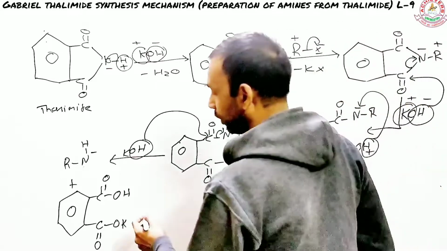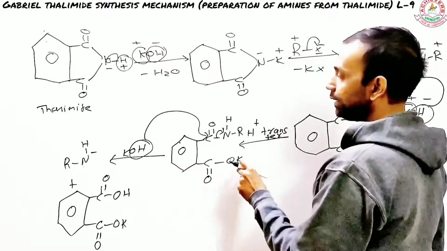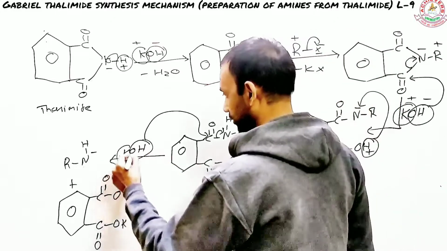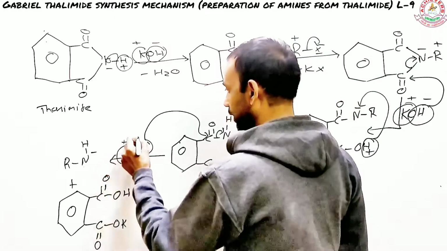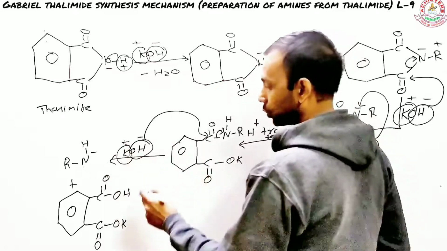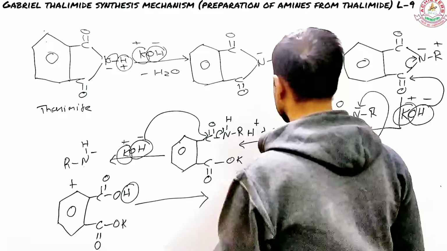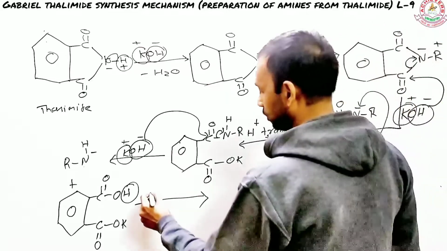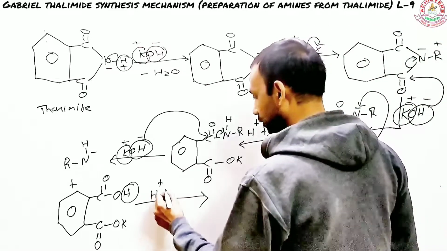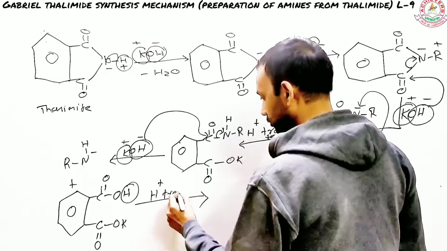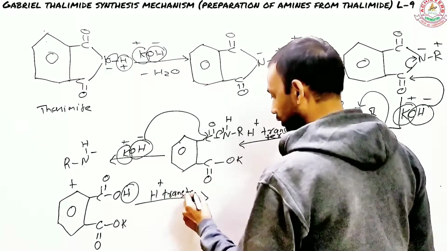In the last step, what happened, since there is already a K plus here. There is already a K plus here because OH has been used right there. So this will again undergo proton transfer. This very same step will be occurring. So I'm writing here proton transfer.